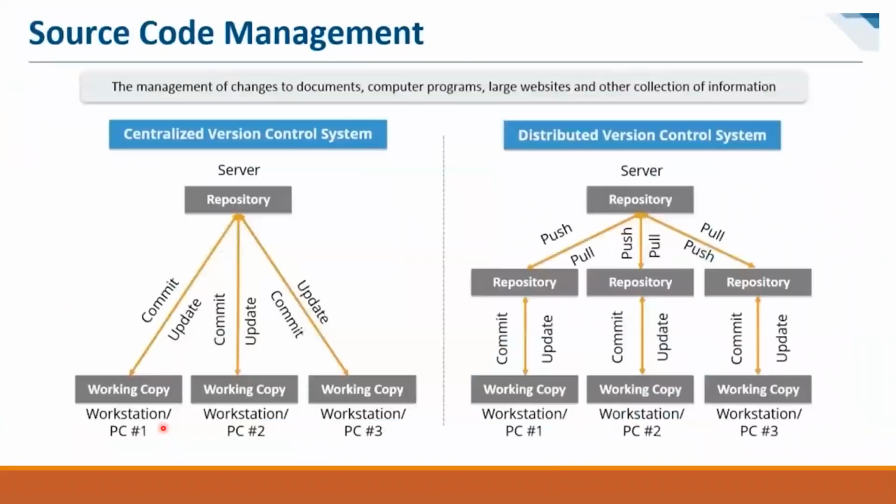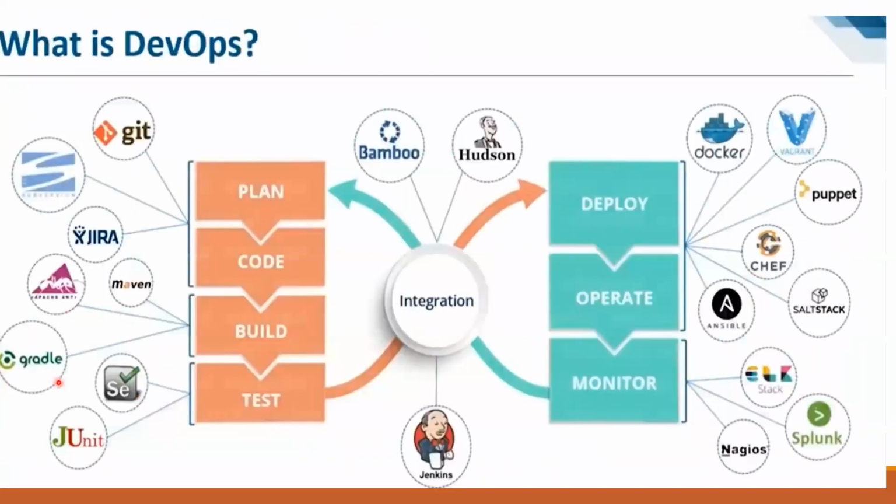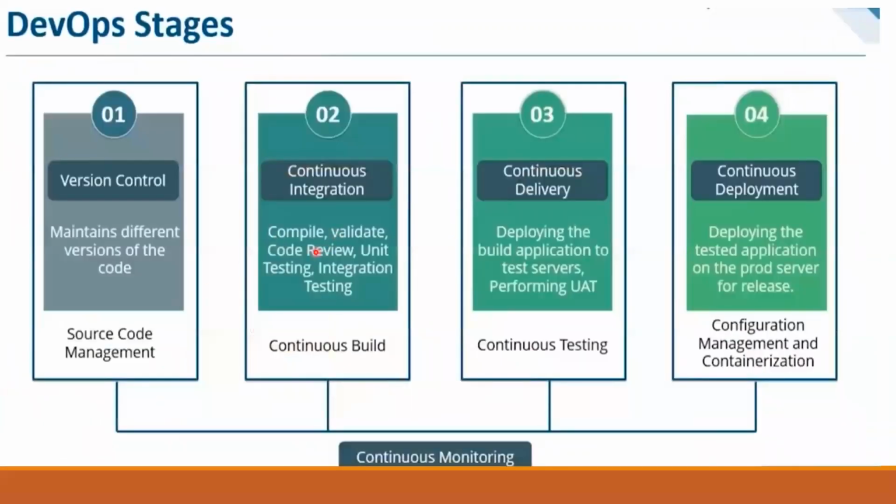For this they use something like SonarQube and JUnit, which are plugins for compiling the code. Continuous integration means compile, validate, code review, unit testing, and integration testing. This is the continuous build process.